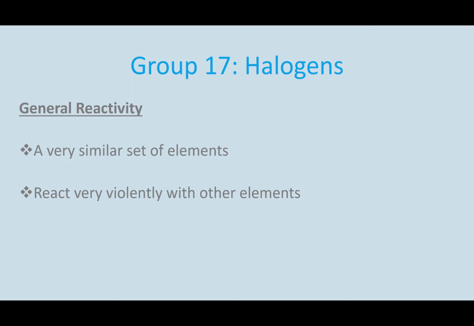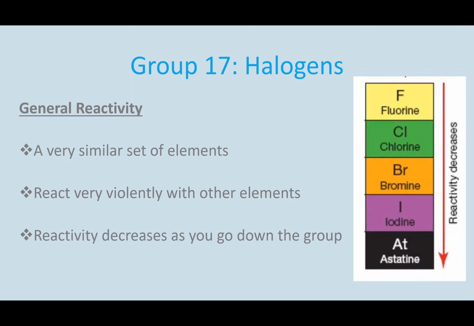But these halogens react very violently with other elements, and the reactivity decreases as you go down the group. This is different from the alkali metals and the alkaline earth metals, where the reactivity increased as you went down. With the halogens, the reactivity decreases as you go down. So that means fluorine is more reactive than astatine.